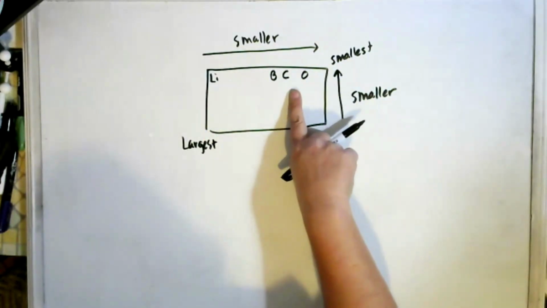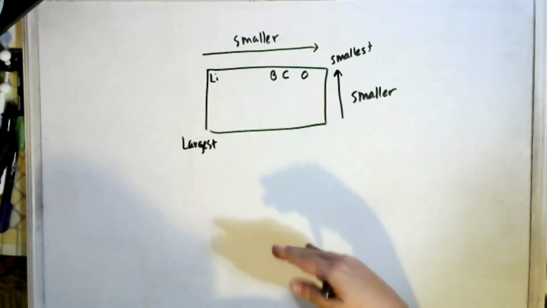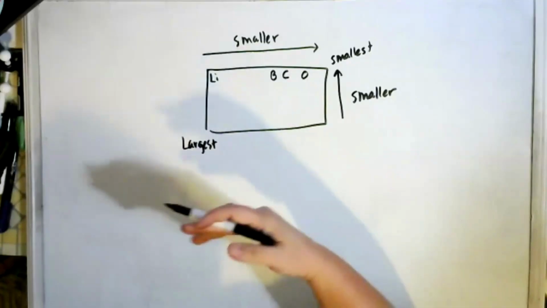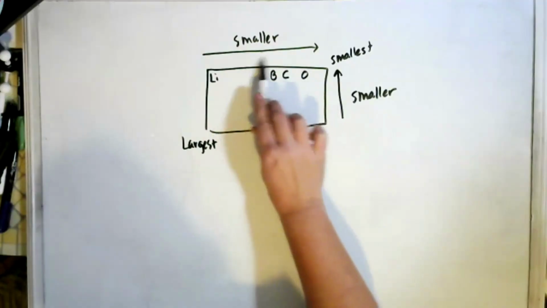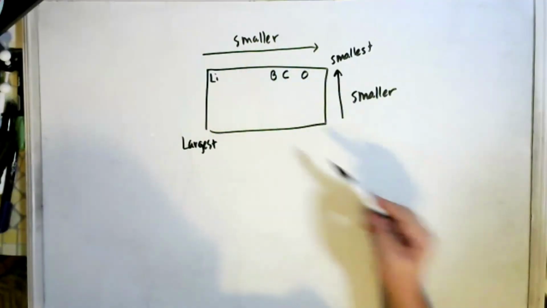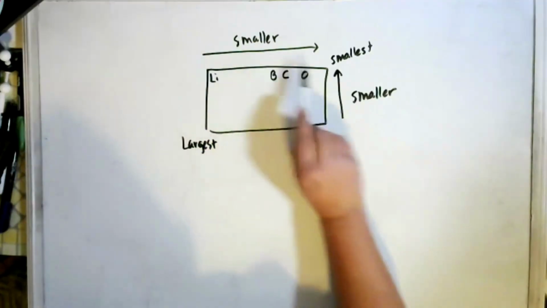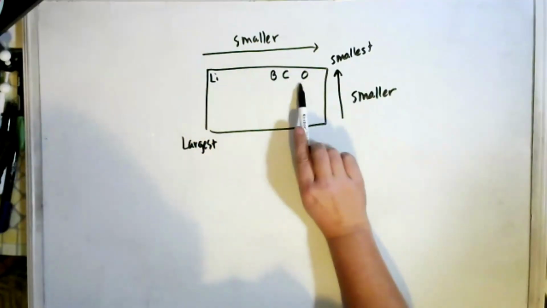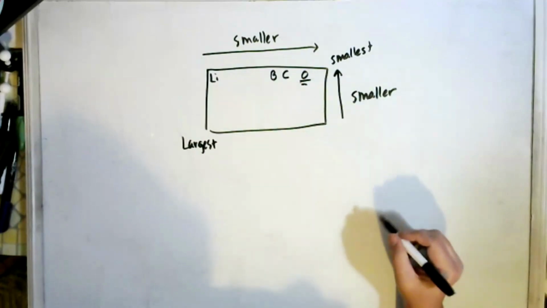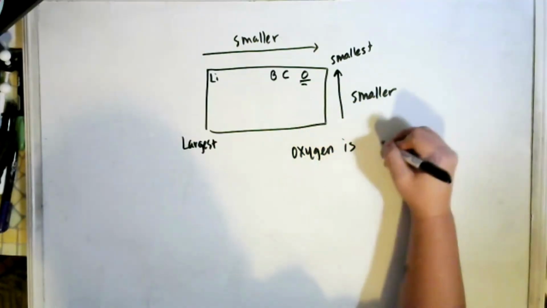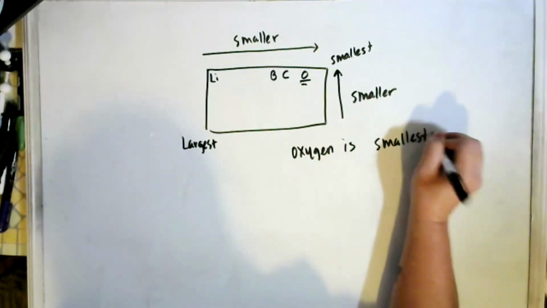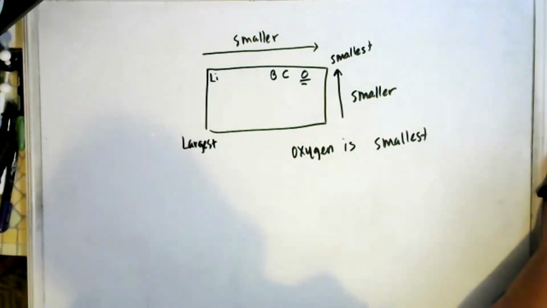When you list them out like this, you can directly compare them to your trend. If our sizes get smaller as we go to the right, then out of all of these choices, oxygen has to be the smallest one. So there are ways for you to set up these questions on your scrap paper that make it a lot easier to get to the right answer.